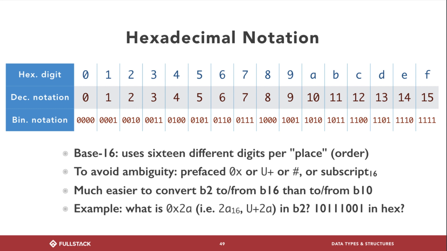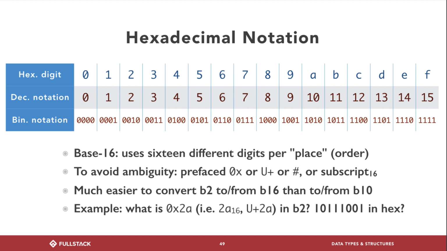The hexadecimal notation 2 corresponds to the 4 binary digits 0, 0, 1, 0. The hexadecimal symbol A corresponds to the 4 binary digits 1, 0, 1, 0. And this makes it trivially easy to convert between binary and hex or hex and binary.